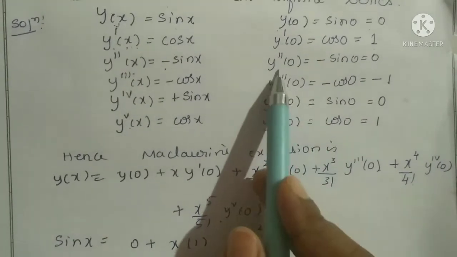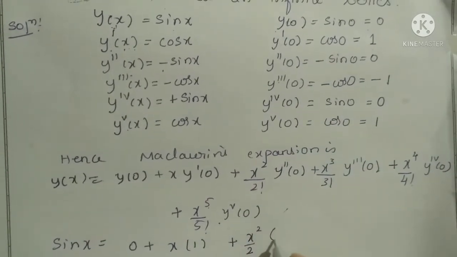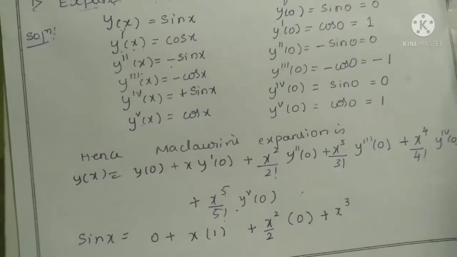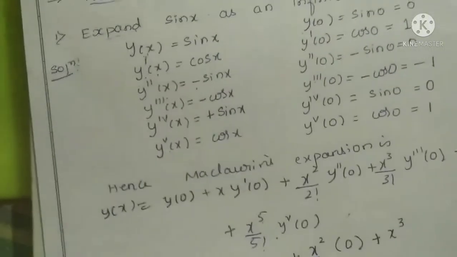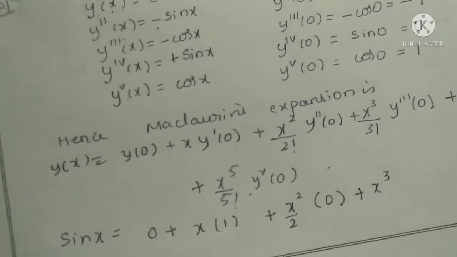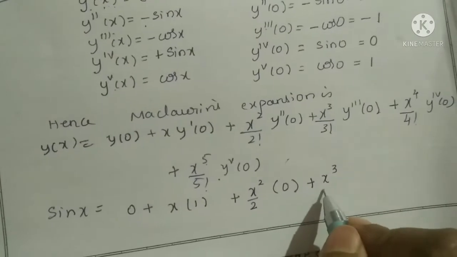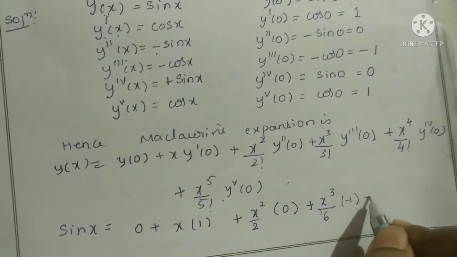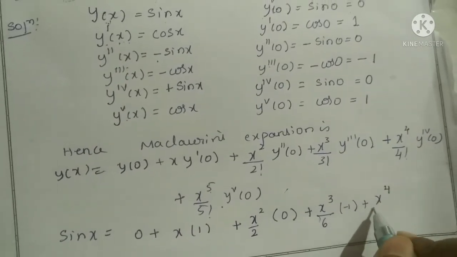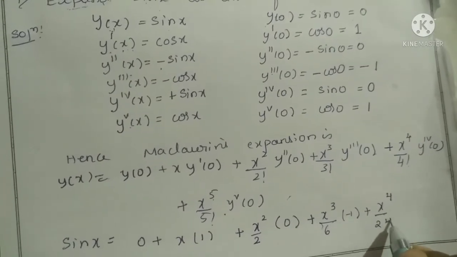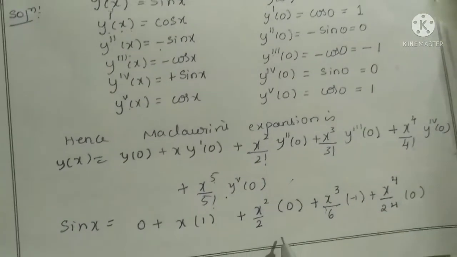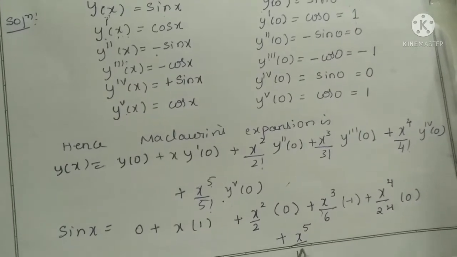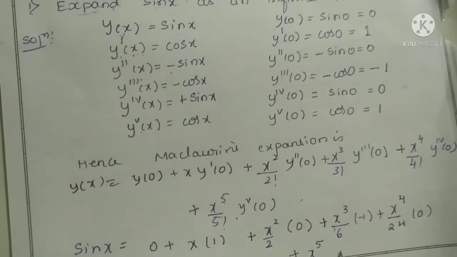Y double dash of 0 is 0, plus x cube as it is, 3 factorial is 6. Y triple dash of 0 is minus 1, plus x to the power of 4, 4 factorial is 24, into y to the power of 4 of 0 which is 0, plus x to the power of 5 as it is, 5 factorial is 120, y to the power of 5 of 0 is 1.